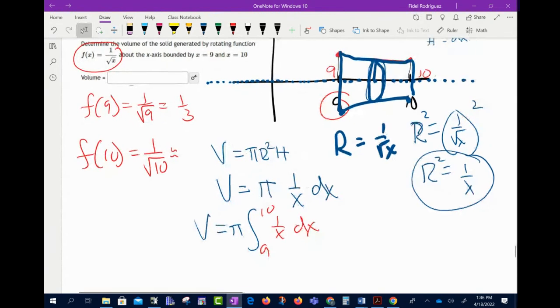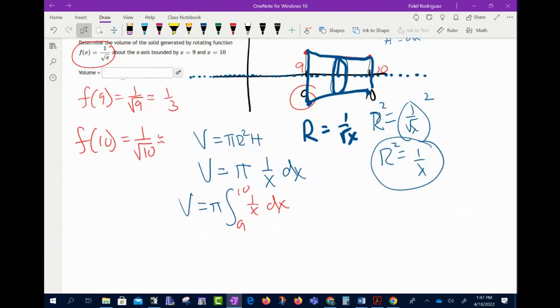Now, y'all, it's been a little while since we've seen this antiderivative. I'm going to give you a hint here. I cannot use my power rule, okay? I can't use the power rule on this one. The power rule works as long as my exponent is not negative 1, and in this case, my exponent is negative 1. Does anybody remember what the antiderivative of 1 over x is?